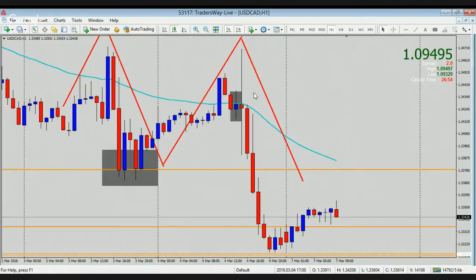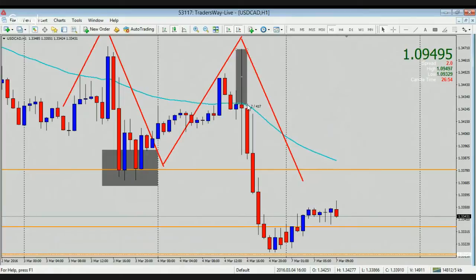So what measurements can you use to verify whether it's engulfed or not? On an M formation, you can use this top wick here. You can use all of this wick, only the top. You can't use the bottom.